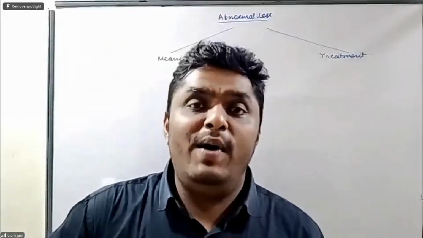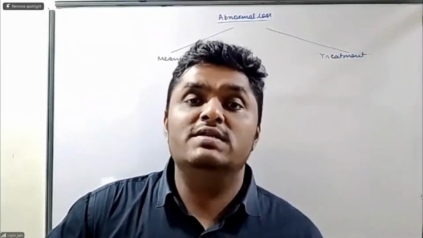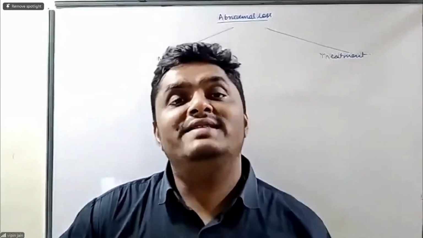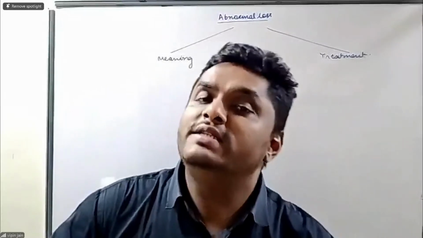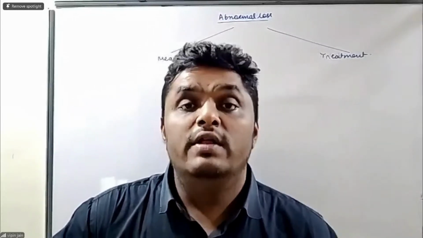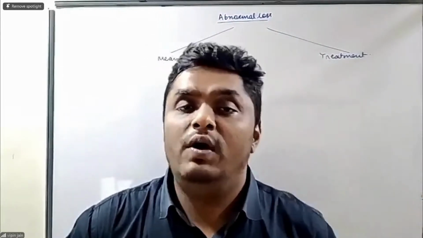So, when talking about abnormal loss, what is abnormal loss? The loss in excess of normal loss. अगर normal loss से कुछ ज्यादा loss हो जाता है, this is what we call as abnormal loss. The loss in excess of predetermined loss is what we call as abnormal loss.